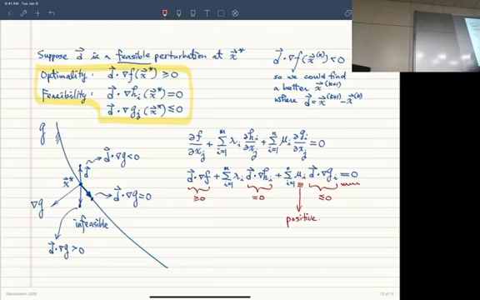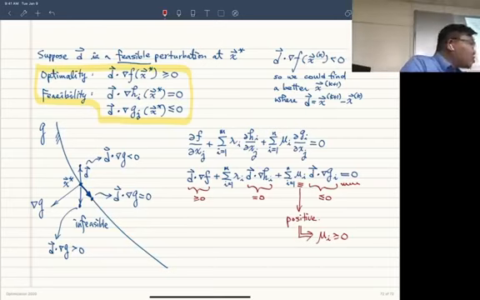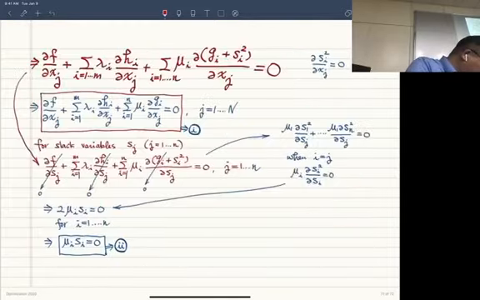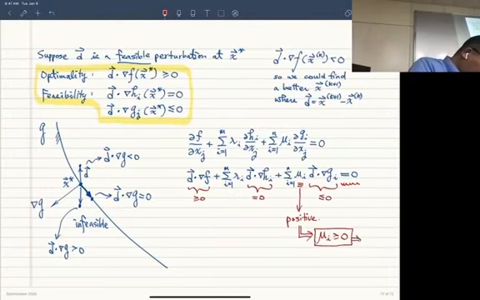We of course need this to be positive. Otherwise, the summation of those couldn't be zero. Okay, so that's why we have new rules. Mu i must be positive, or zero, of course. Everything could be zero. Okay, so that would be our third equation that we came up with.